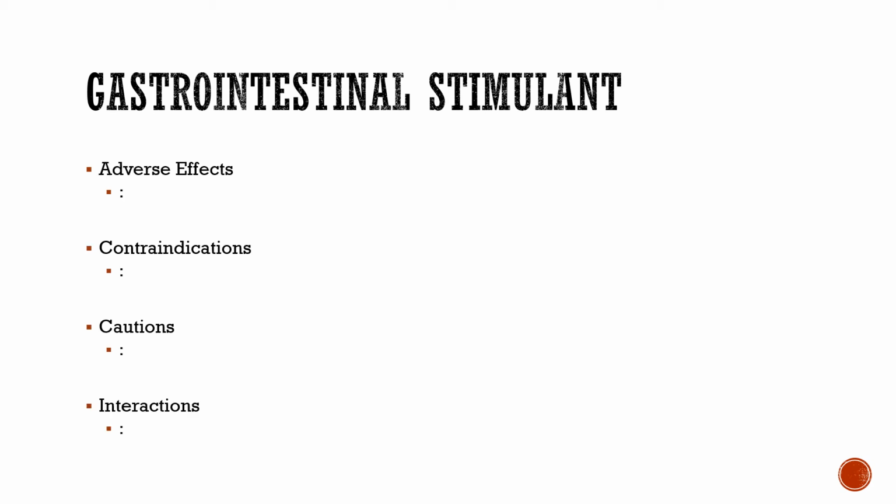Adverse effects. Okay, we're blocking dopamine. Anytime we're doing that, we have a potential for EPS, or extrapyramidal symptoms, which we talked about with antipsychotic medications. Most commonly, though, people complain of nausea with this medicine, I know we take it for nausea. And then sedation and drowsiness.